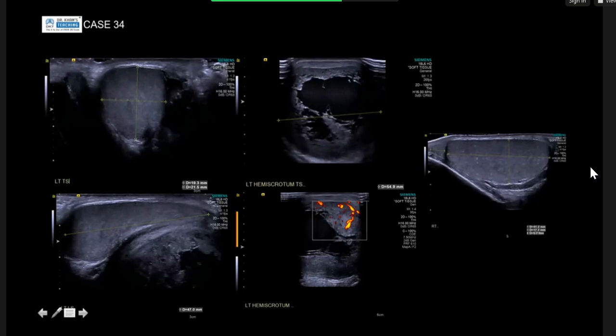In the hemiscrotum, the testicle appears normal. However, within the scrotum, I see that there appears a hypoechoic area, anechoic area. This could be a hydrocele. A hernia, a congenital hernia, funicular hernia.